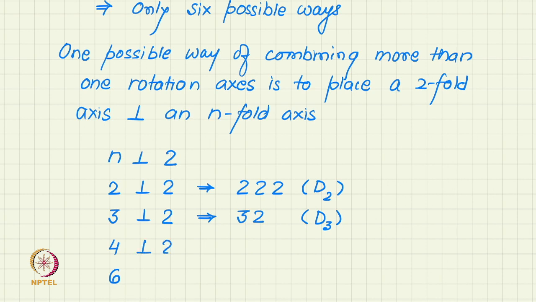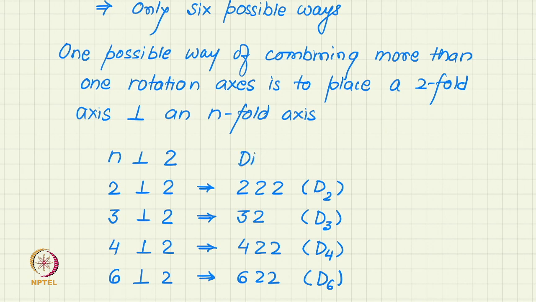Similarly, if you place a two-fold axis perpendicular to the four-fold axis, then you get 4 2 2, Schoenflies notation D4, and a two-fold axis perpendicular to 6 gives 6 2 2, Schoenflies notation D6. D of Schoenflies actually stands for dihedral. So, all these 4 groups are known as dihedral point groups.